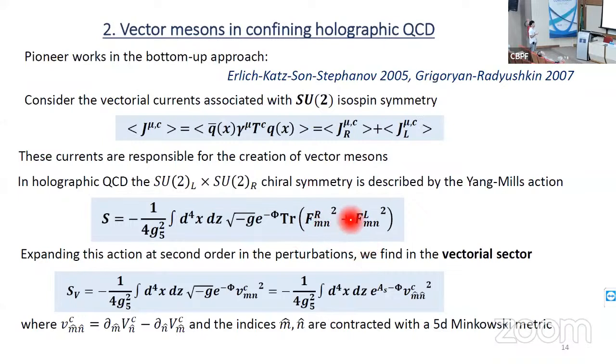And then you expand these fields into perturbations, and you can truncate at second order. I'll focus on the vectorial sector, because what I want to describe is the spectrum of vector mesons. So you just need to truncate at second order.